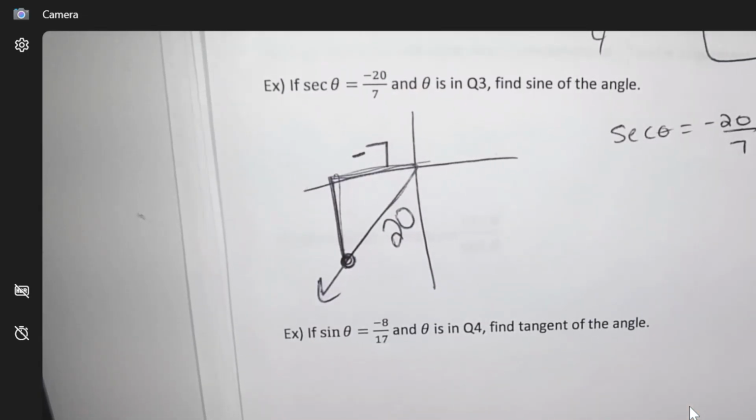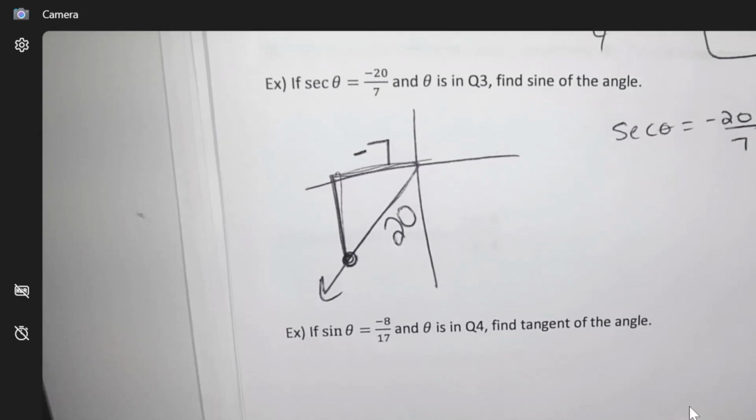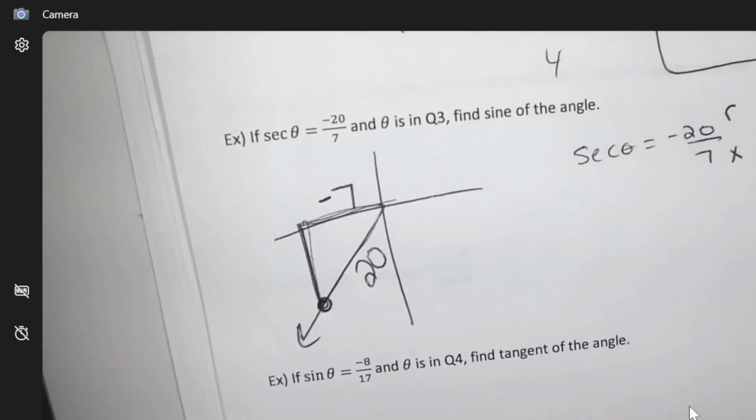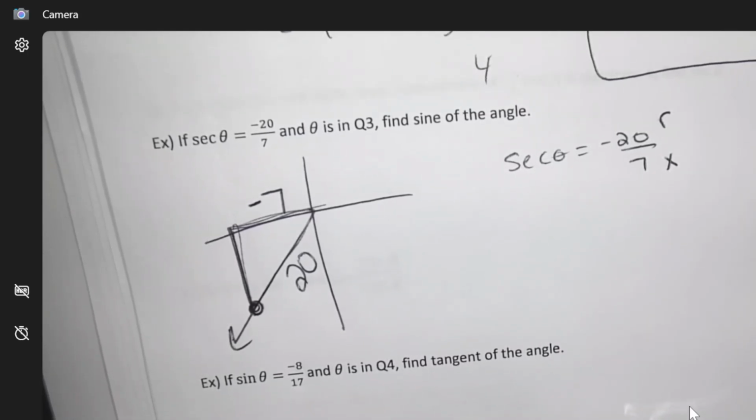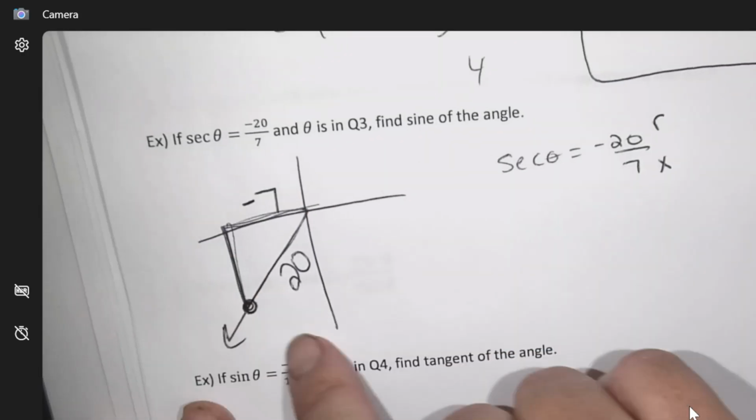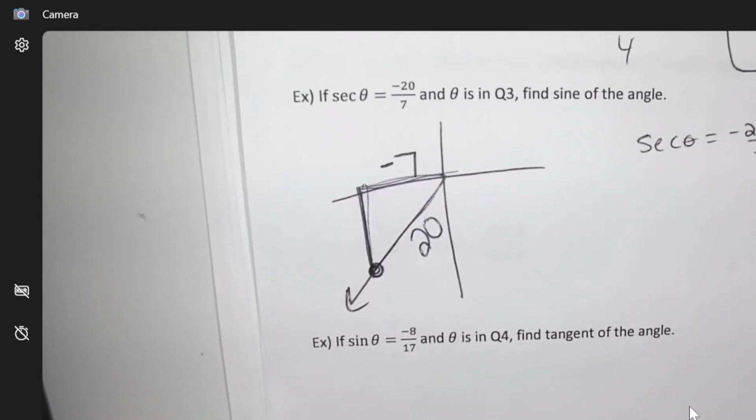That should be -7. So it's not that there was a -20 and a +7. There was actually a +20 and a -7. But in math, you don't write the negatives on the bottom. So if I give you a fraction, I'm not going to give that fraction to you like that. That's why you have to be so good at the location stuff.